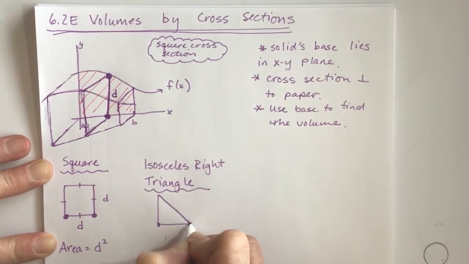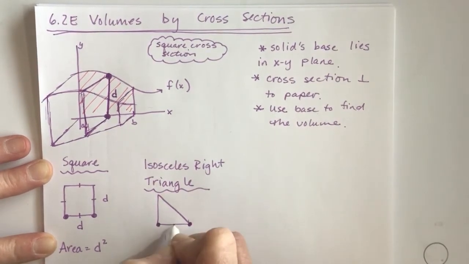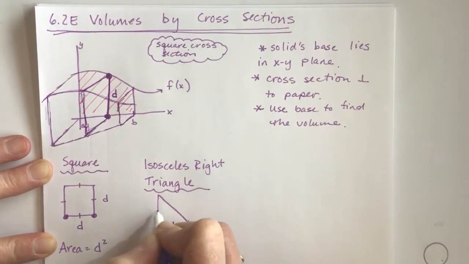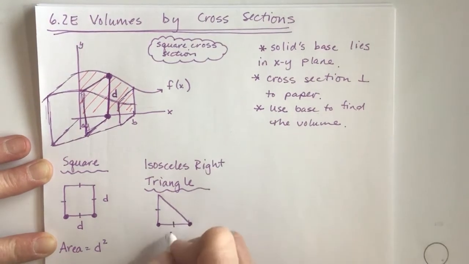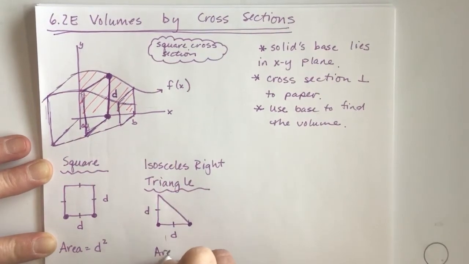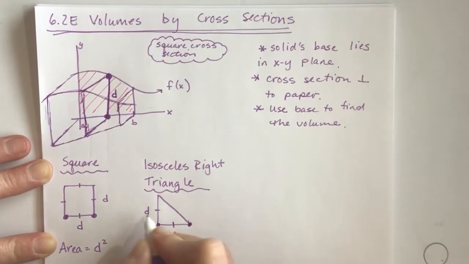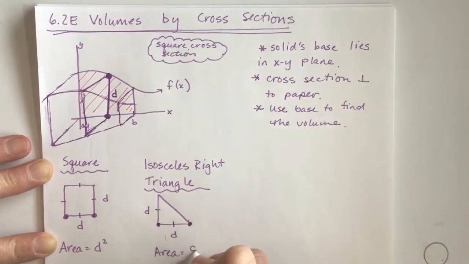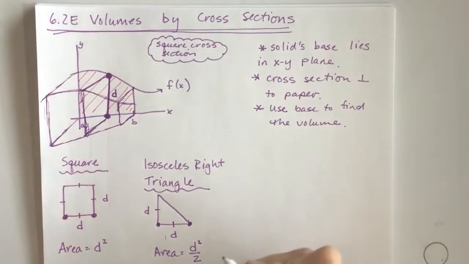An isosceles right triangle, which means isosceles means these two sides are equal. And so if this is D, this is also D. So the area here would just be, you got it, D squared divided by 2, or base times height divided by 2, the area of a triangle.